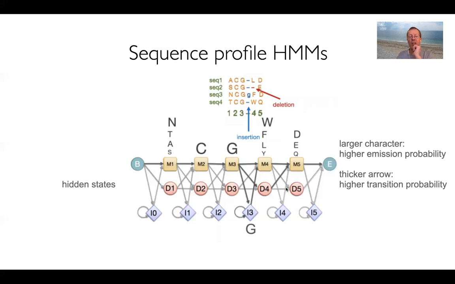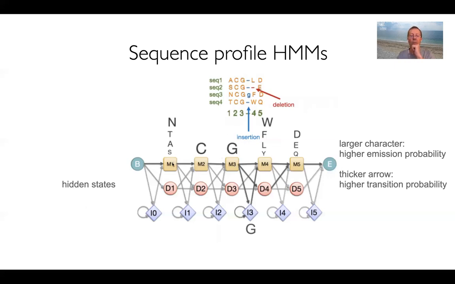Then you have delete states. And notice that with a delete state, you can bypass a certain match state, a certain column. So instead of going from column 1 to column 2, you can go from column 1 to a delete state and directly to column 3. You have a transition probability for that.